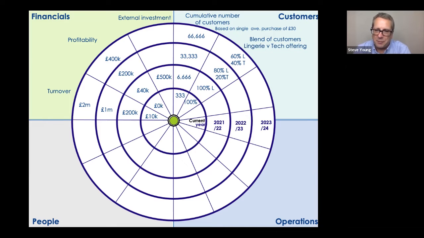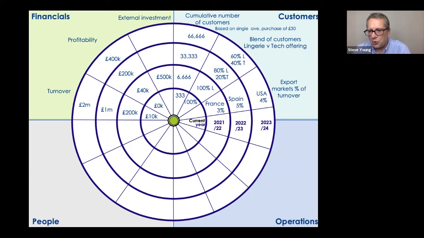But in order to get that profitability, that shift was going to have to be more 60% lingerie and 40% technology. So this clothing technology firm would develop the profitability we needed. At the moment, it's 100% one way. In 3 years, it needed to be 60-40. So I asked her to map out what that blend change might look like. It went 60-40, 80-20, to 100.